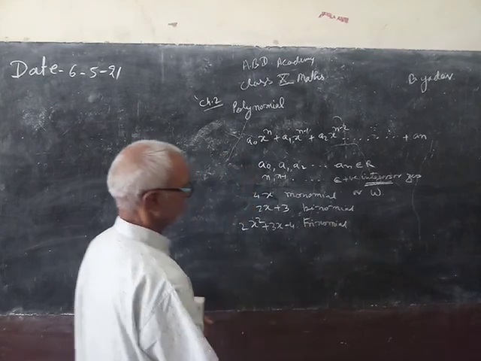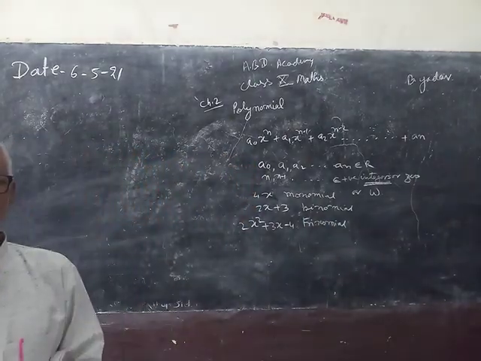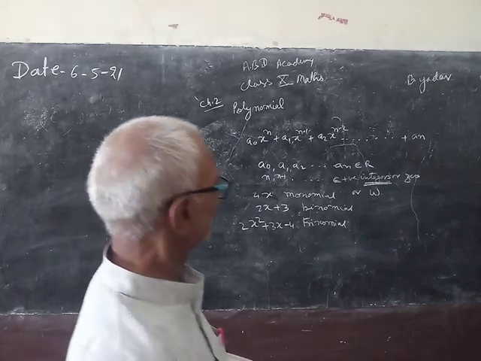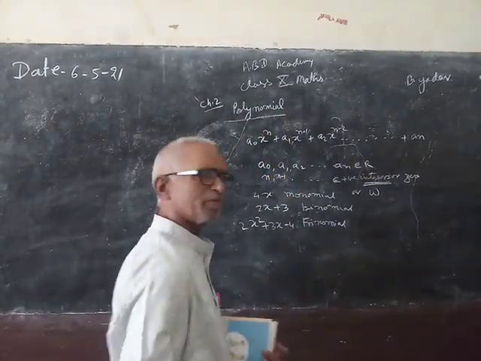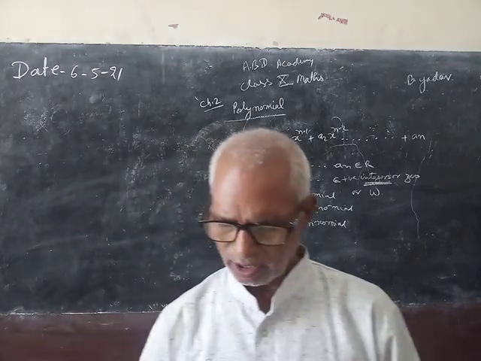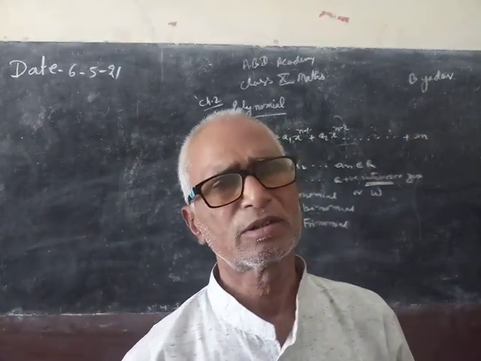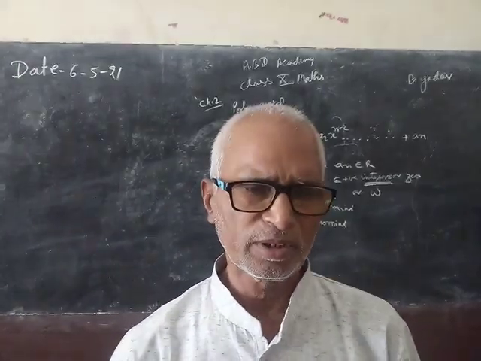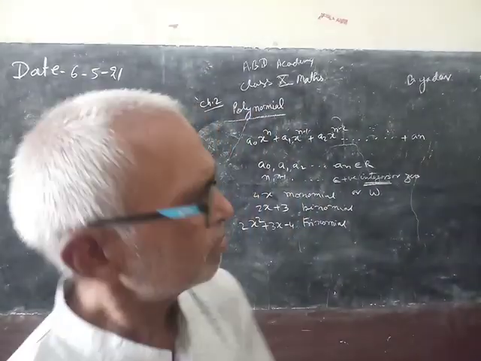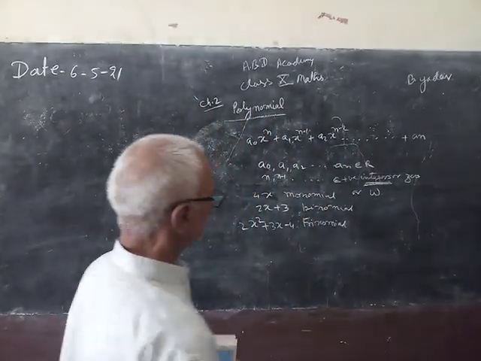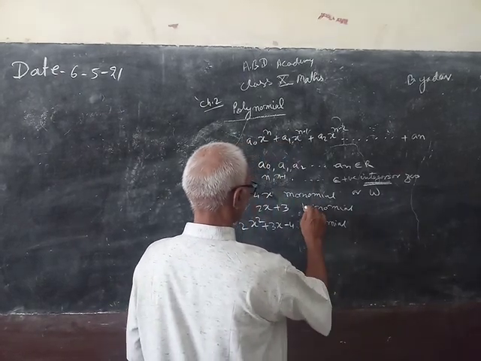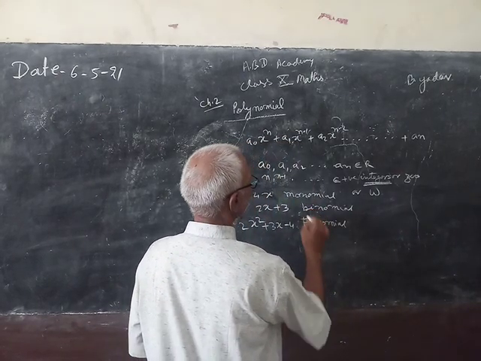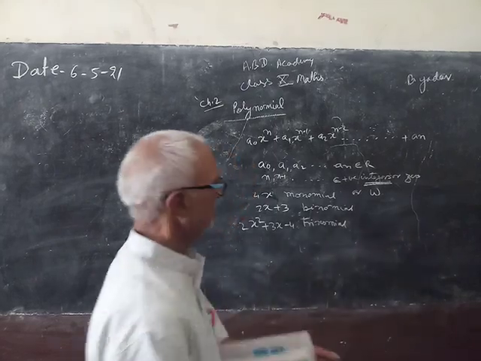Trinomial. Then tetranomial, pentanomial, but generally the general term is polynomial. Poly means many, which have many terms. So maybe one term, two terms, three terms. The names are monomial, binomial, trinomial.